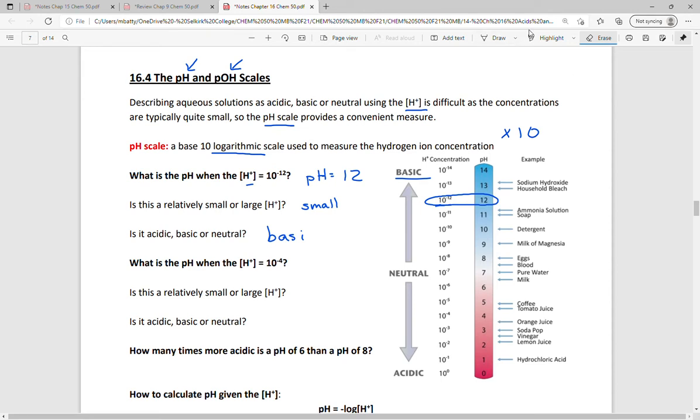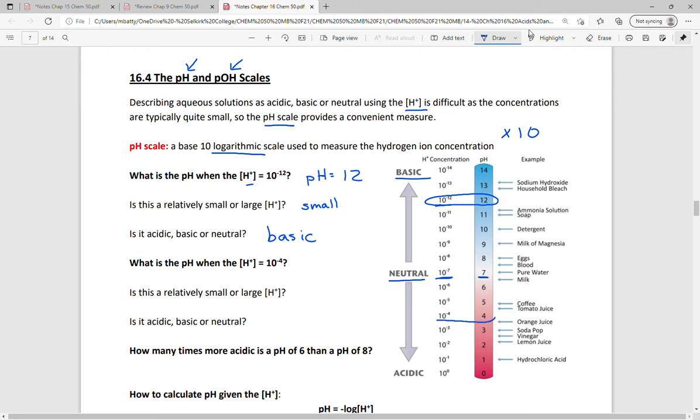If I deviate just a little bit from the notes right here, what about neutral? So neutral has that ion concentration of 1.0 times 10 to the -7, which we talked about before, and that's a pH of 7. And so if we have a neutral compound, that's what we're talking about. So this next question says, what's the pH when the hydrogen ion concentration is 1 times 10 to the -4?